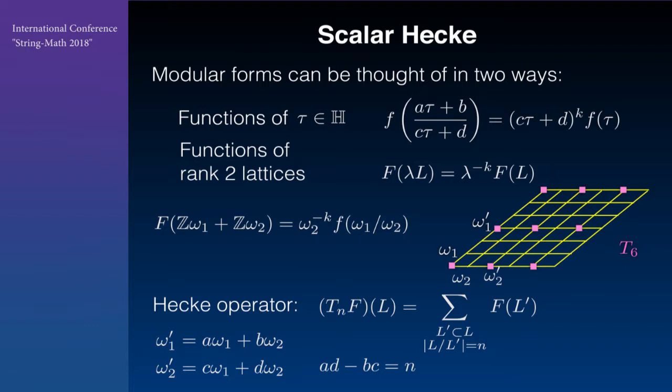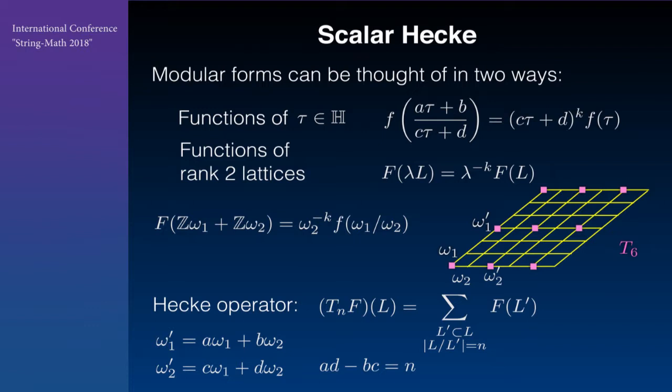So the Hecke operator simply takes a function of lattices, the Hecke operator is specified by an integer n, and it sums that function over all sublattices of index n in the original lattice. So sublattices of index n, in terms of condensed matter physics, just means that the fundamental region of the lattice is n times as big.